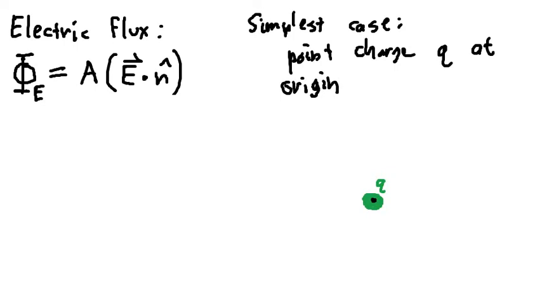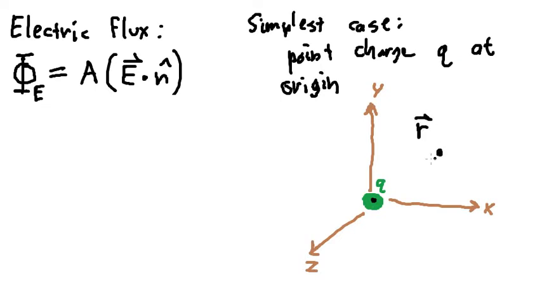Okay, so here now, let's see if I can draw this right. We're going to say here's our origin, and here I'm just going to do it in green is our point charge Q. Okay, so we want to talk about what the electric field is. Remember, we're doing electric flux here, so we want to talk about what the electric field is here at this point. Now, I could set up coordinate axes.